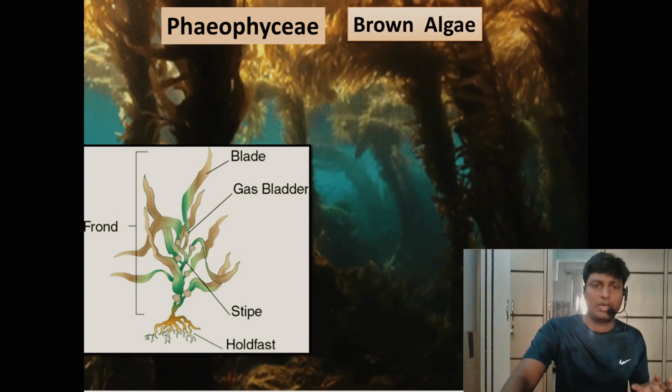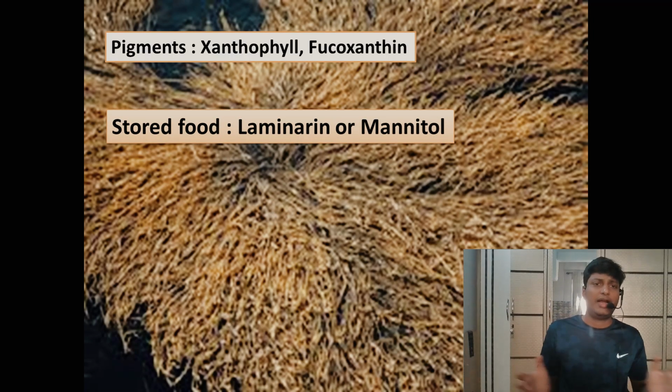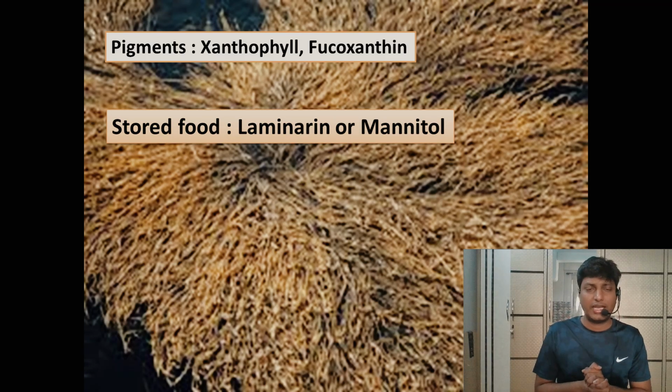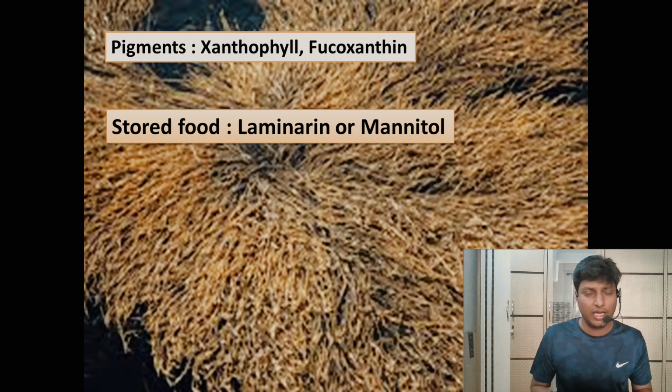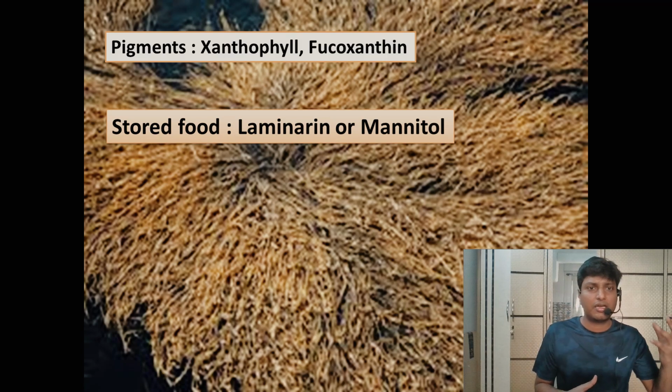Now going ahead, dear students, you might be wondering how this brown color comes in the brown algae. For that, of course, there has to be a certain pigment in plants, right? Like we studied about the green algae, where the green color was because of the chlorophyll pigment, dear students.